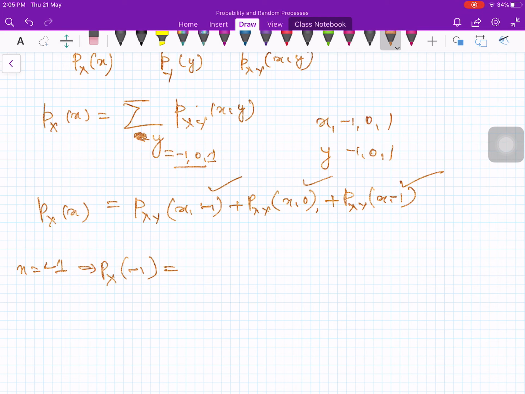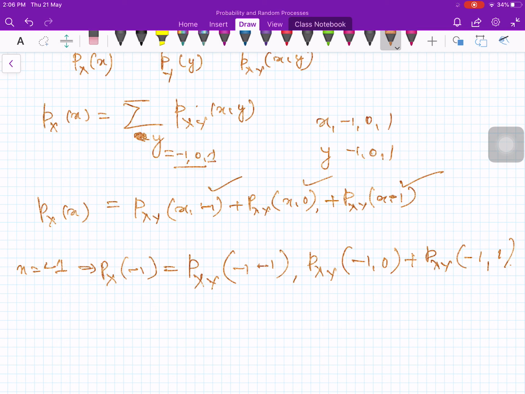Now put x equal to -1. Then this is pXY(-1, -1), pXY(-1, 0) plus pXY(-1, 1).